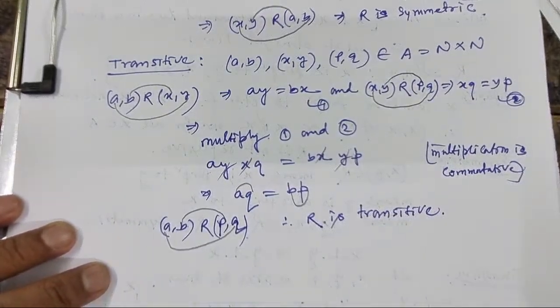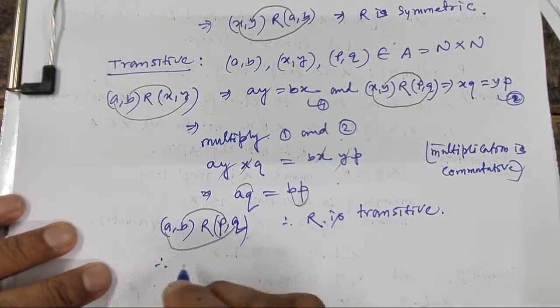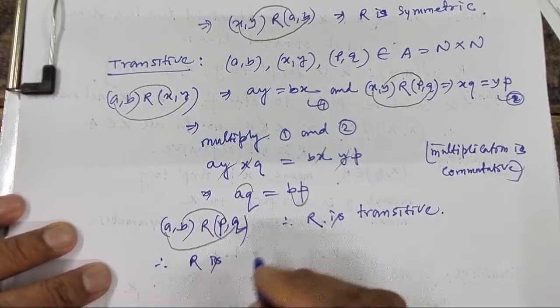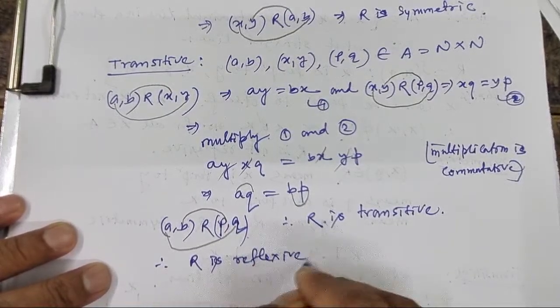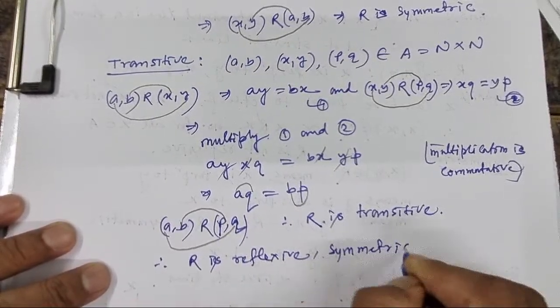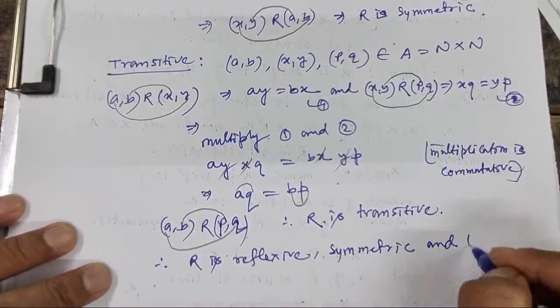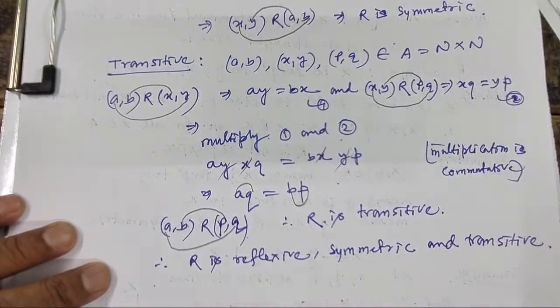Transitive. R is transitive. So what is the final conclusion you got? R is reflexive, symmetric, and transitive.